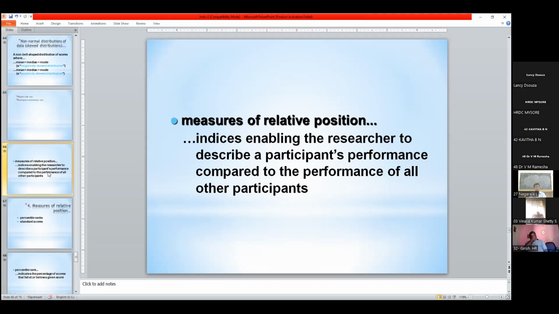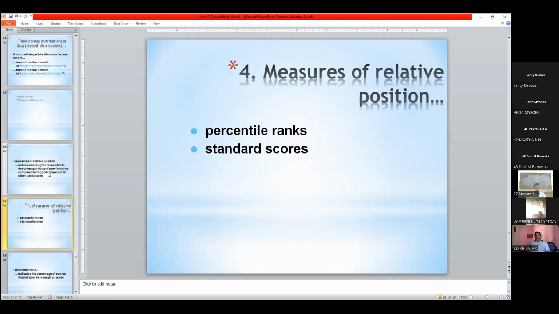There they give a rank. That rank is nothing but a relative position. They say what your percentile is, 90 or 85, because a cutoff is given, and that helps describe a participant's performance compared to all other participants out of such 100 people. So they are the measures of relative position.